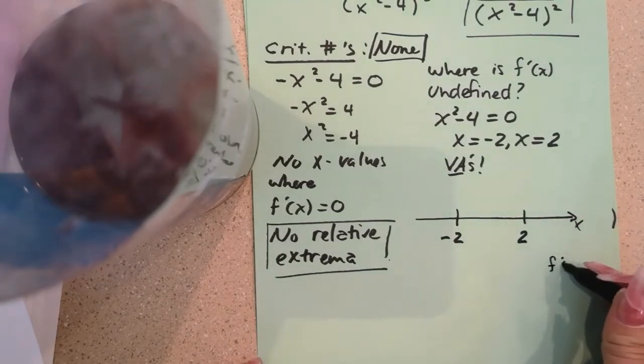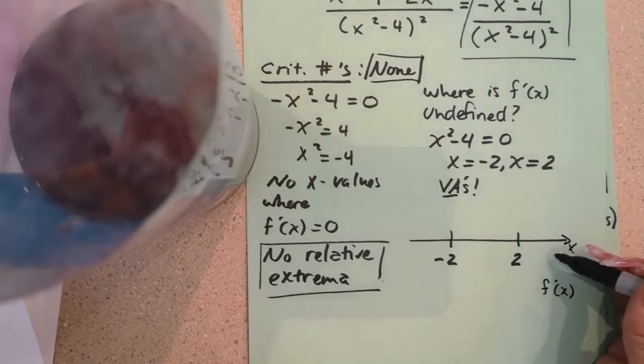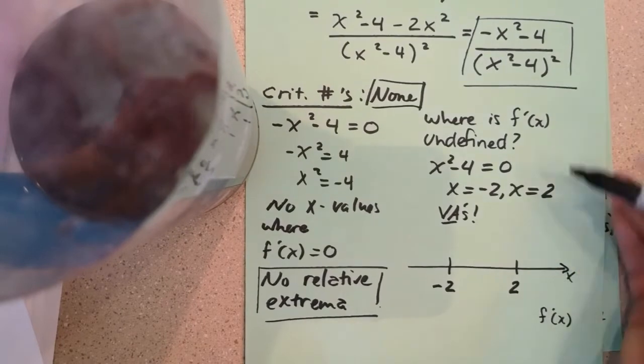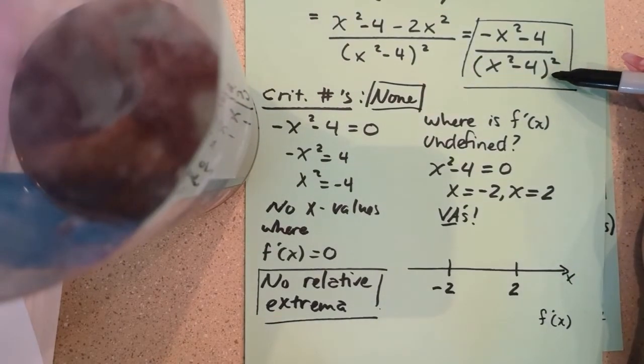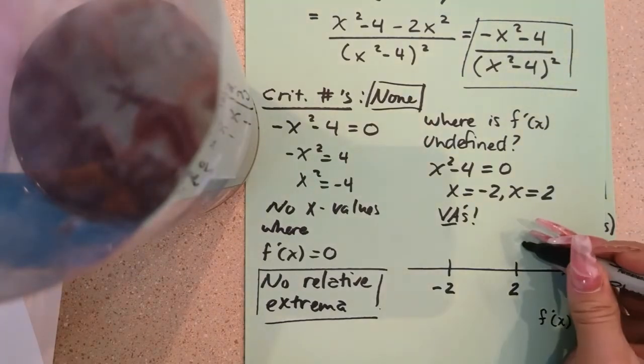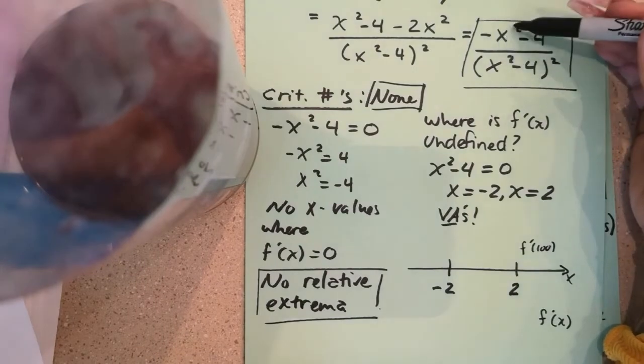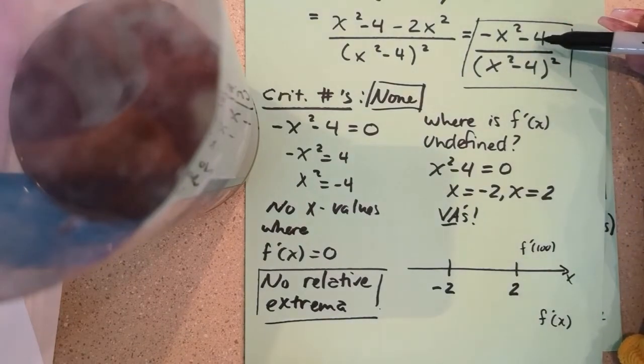So here's my sign chart for the first derivative. If I plug a big number into the first derivative, the bottom is always positive, so really I'm just looking at the numerator. If I plug like 100 in there, this is going to be negative 100 squared minus, oh, actually, look at this.